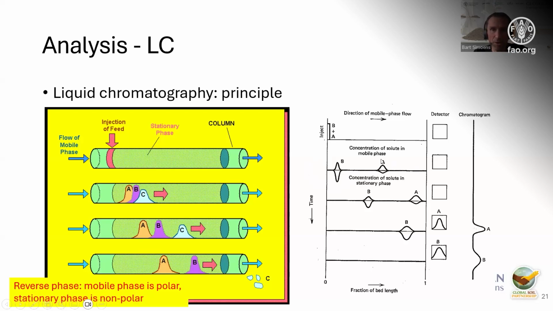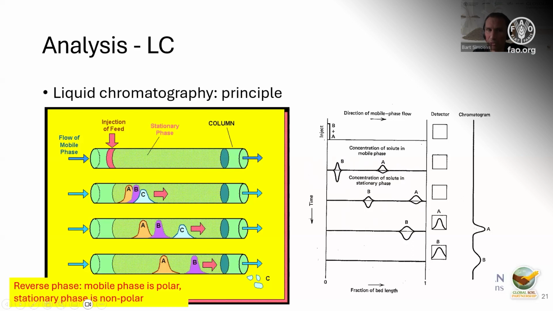And if we have a selection of the stationary phase and the mobile phase that is well suited, and that depends a little bit on the molecules that we try to separate, if this combination of mobile and stationary phase is well chosen, we can separate molecules within a mixture.